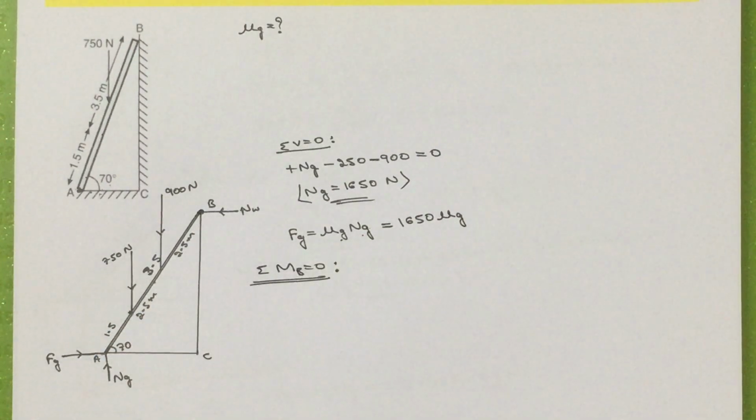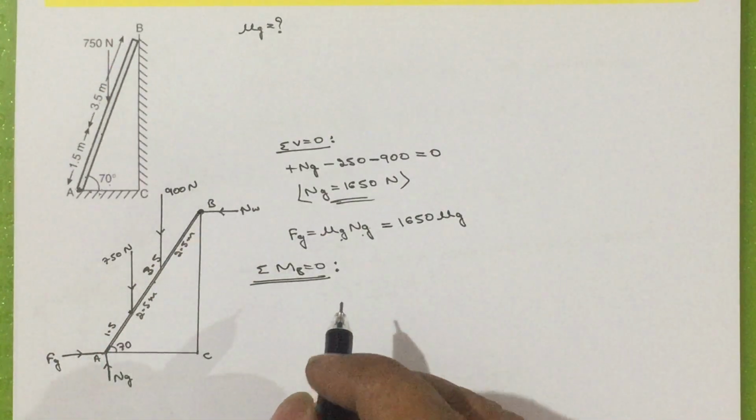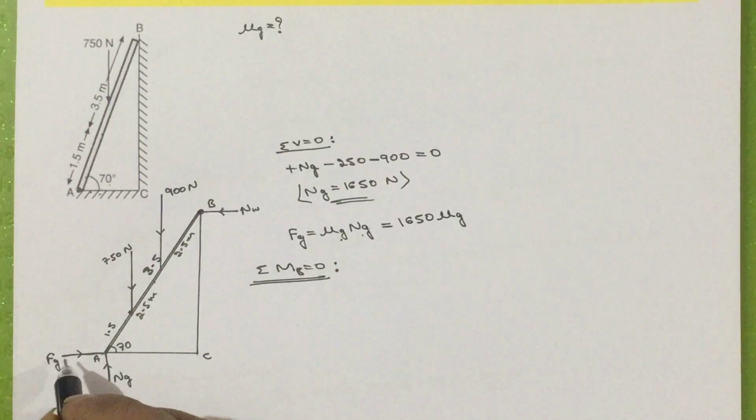While calculating the moment, we need to keep three things in mind. Moment means force into perpendicular distance. Clockwise is positive, anti-clockwise is negative. If the force is passing through the moment center, the moment becomes 0. I will start from Fg.